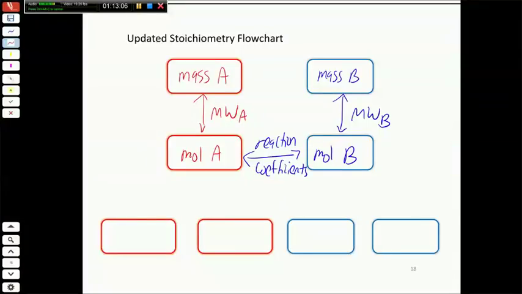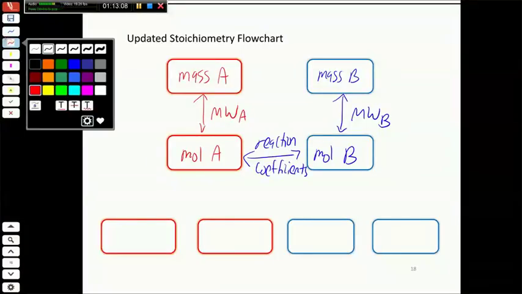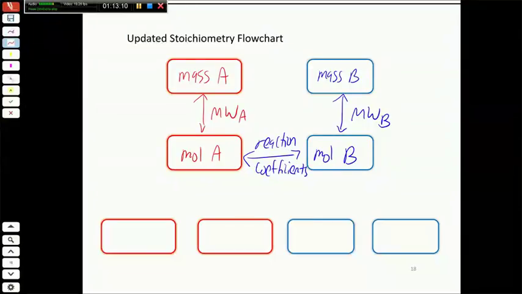The other thing we learned in chapter 5 was using Avogadro's number. So if we want to know the number of entities of A, where entities would be either the atoms or the molecules of A that we have, we can convert between those using Avogadro's number.